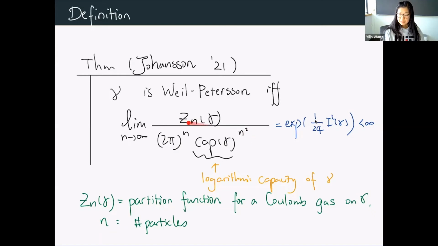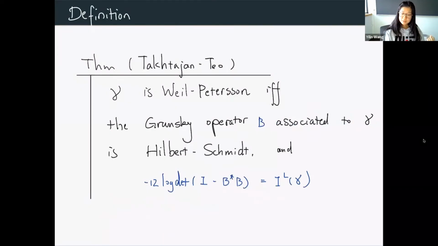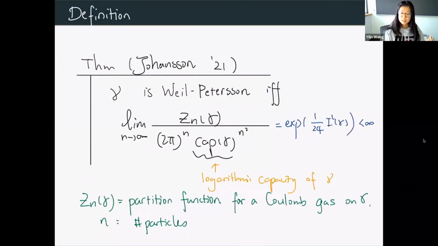But if you divide by this leading term, then take n goes to infinity, this actually equals the exponential of the Loewner energy divided by 24. Again, this is finite if and only if this gamma is Weil-Petersson. And their proof is based on the relation to the Grunsky operator.